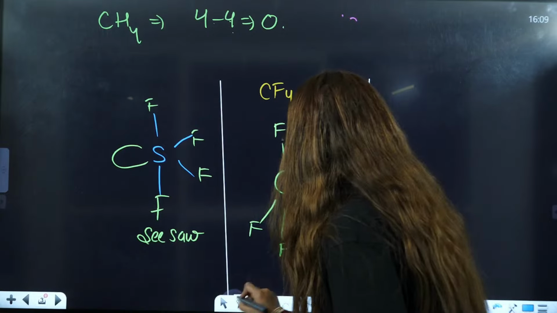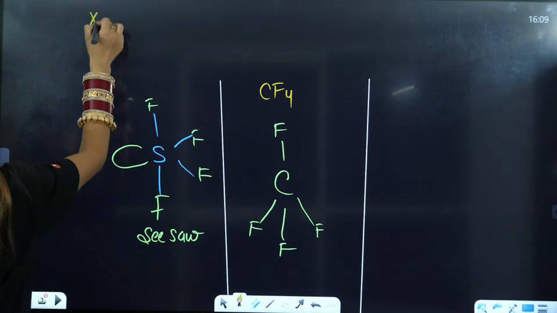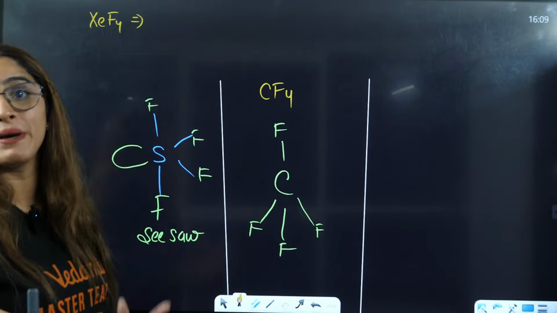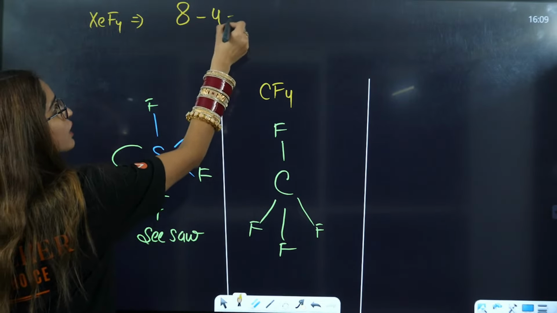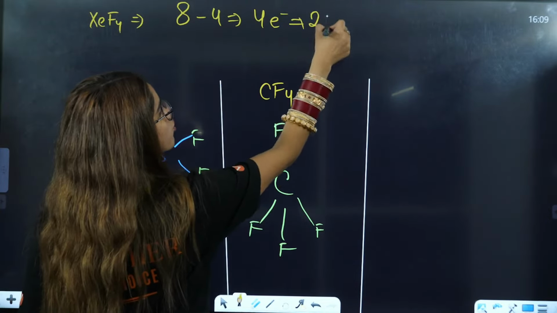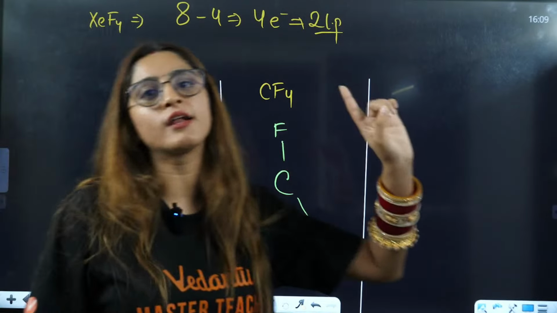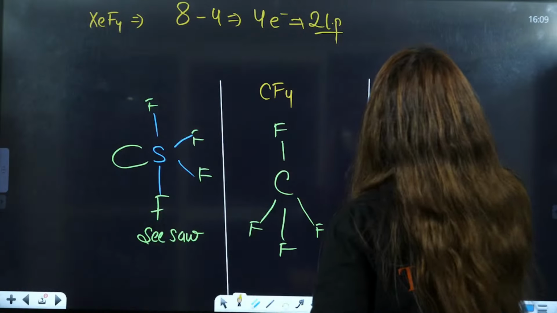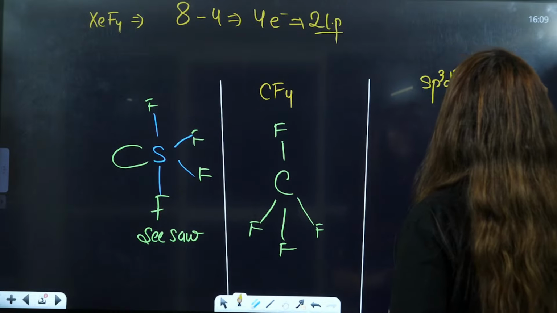Last one is XeF4. Xenon belongs to group number 18, that means 8 outermost electrons, minus 4 involved in bond pairs. You are left with 4 electrons, that means 2 lone pairs. 2 lone pairs plus 4 bond pairs together correspond to 6, and 6 means sp3d2 for XeF4.